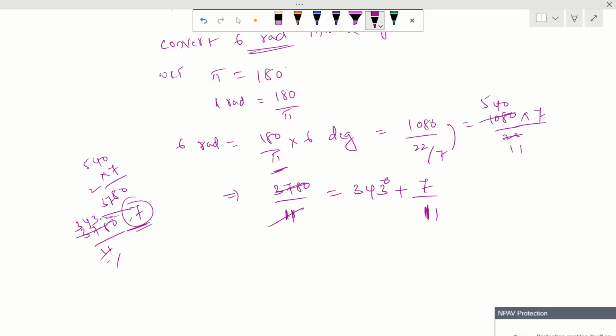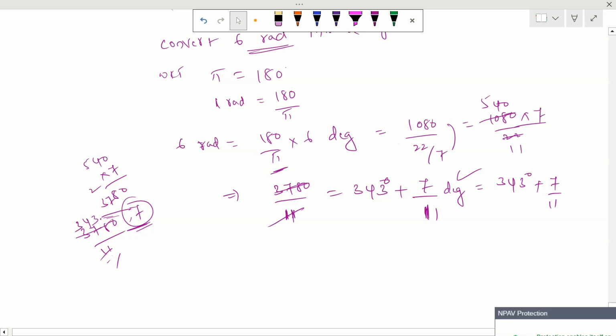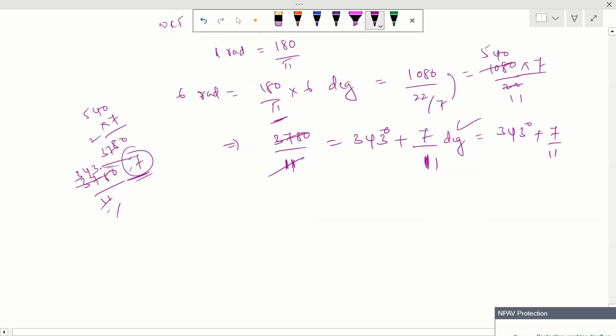So I am writing 7 by 11 here. This 7 by 11 is also in degree. Therefore it is 343 plus 7 by 11 degree. The first term is 343 and the second term is 7 by 11.